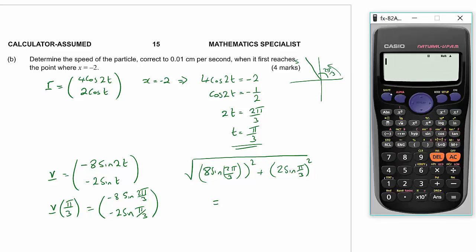I'm just going to convert these into degrees. Let's just make sure my calculator's in degree mode.